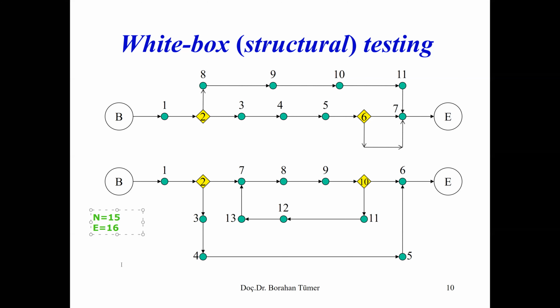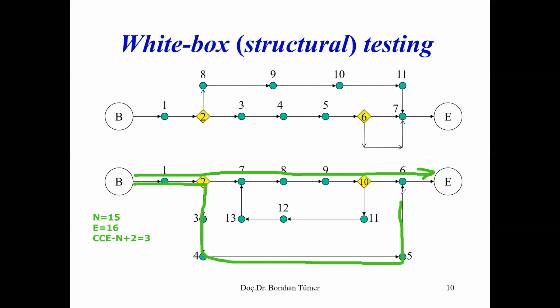So our cyclomatic complexity is then equal to 3. And these independent paths are, again, one more time, let's draw them. This one, this one, and this one here.